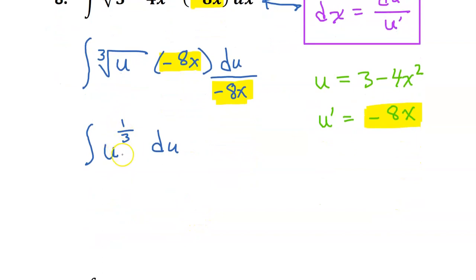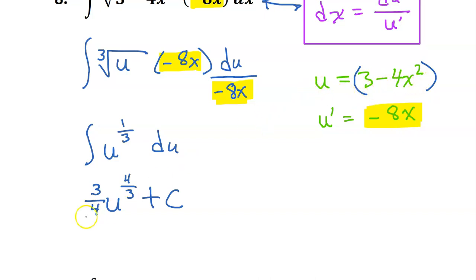So by the power rule of integration, we can increase this by 1. So I'm adding 3/3. So this is going to become u to the 4/3 power. And then we divide by the new exponent, which becomes the reciprocal 3/4 in the front, and then plus c. But in the end, we need to get the x's back in here by substituting the value of u. u is 3 minus 4x squared.